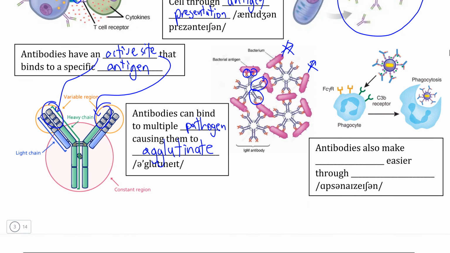Now, the antibody itself also basically serves as a giant recognition molecule that makes it easier for phagocytosis to happen. That being basically each of the antibodies, as soon as I write phagocytosis here, each of the antibodies basically acts as a giant signaling molecule that makes it easier for your white blood cells to destroy that pathogen via phagocytosis.